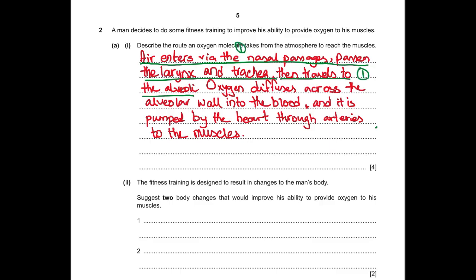Next, you will get 1 mark for explaining how oxygen diffuses into our blood through the alveolar wall. And finally, explaining how it is pumped by the heart through our arteries to the muscles, you will get 1 mark for this. So in total, 4 marks for this question.